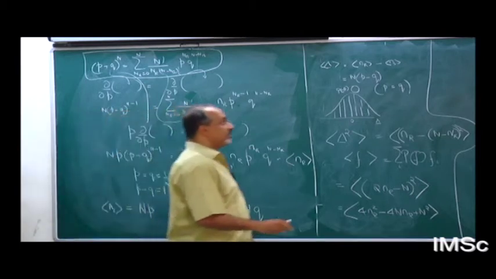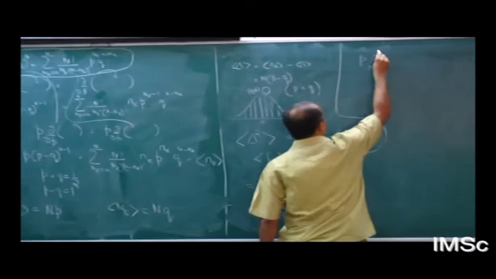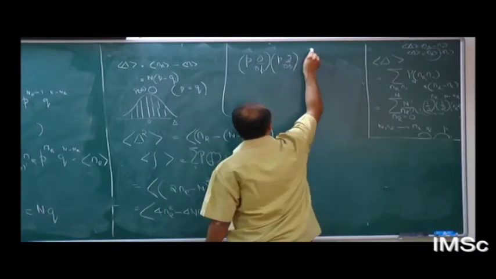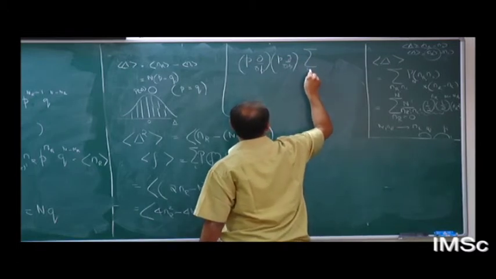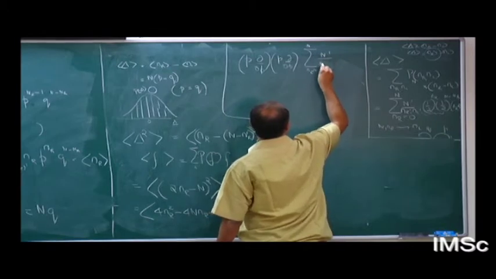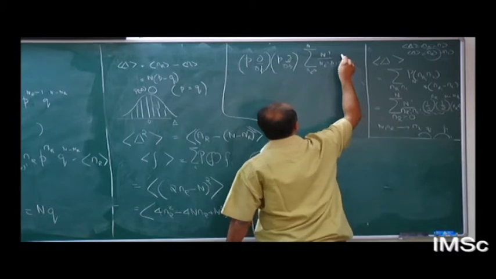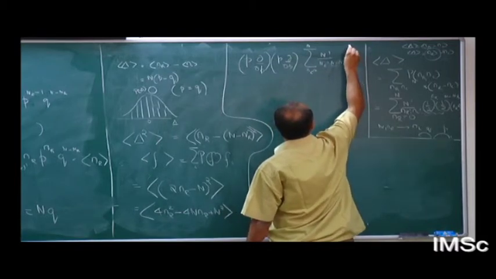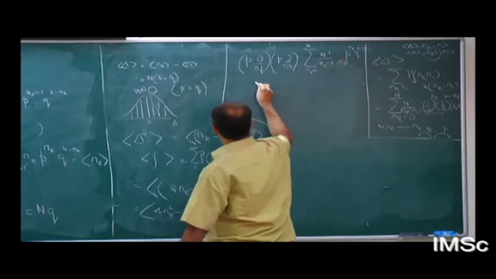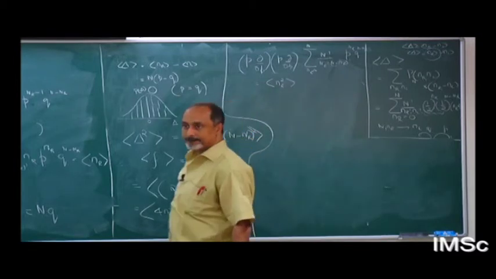So we have to do again a little slowly, p times delta by delta p into p times delta by delta p of this quantity to the right, which is the sum over nr equal to 0 to capital N of N factorial by nr factorial (n minus nr) factorial, p to the power nr, q to the power n minus nr. If I do this, this gives me the value of nr squared average.